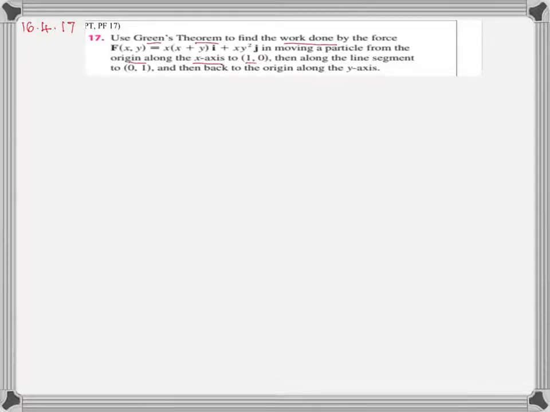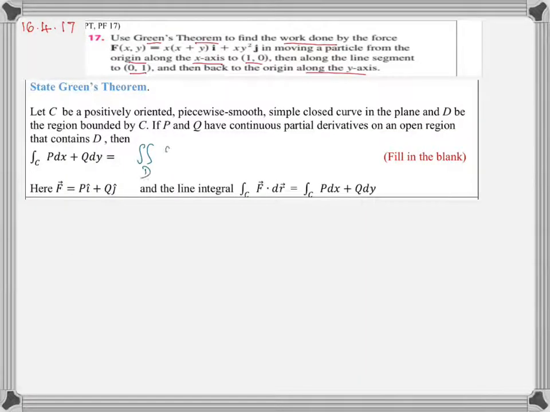So we are asked to apply Green's theorem. In this problem, we are asked to find the work done. So let's first see what Green's theorem is.